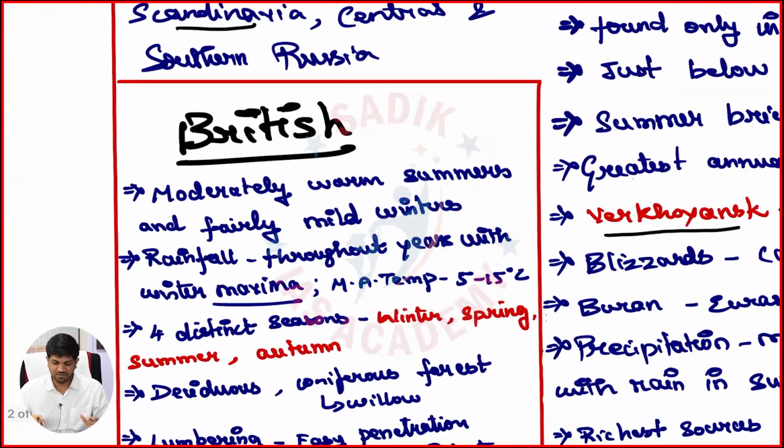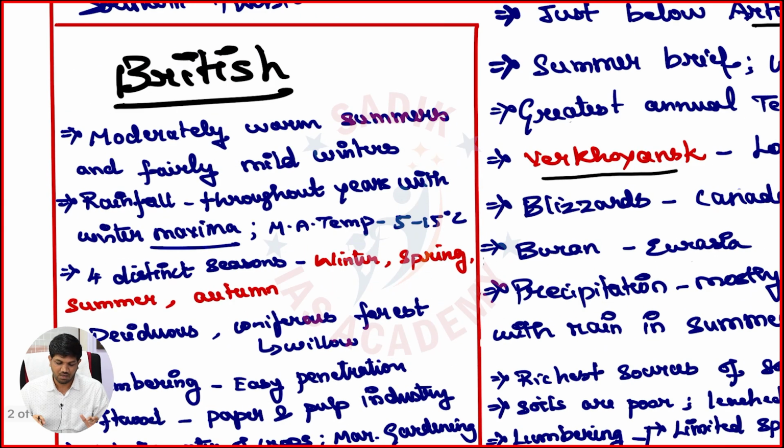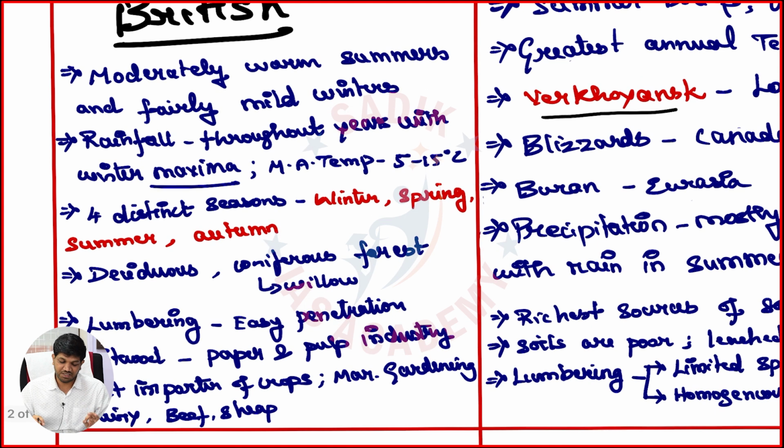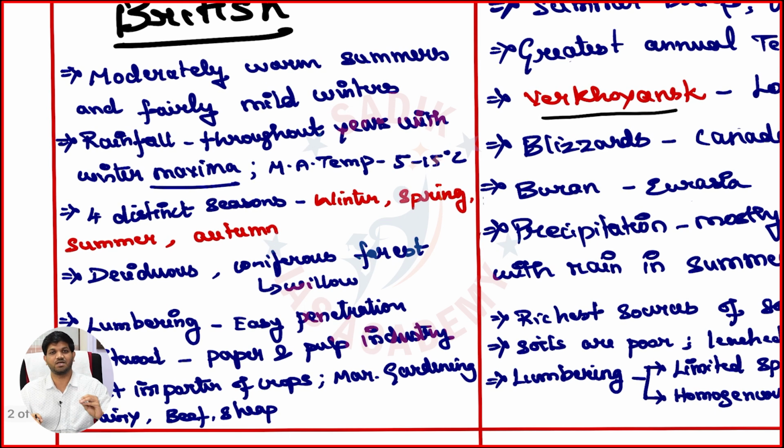And left of this comes the British climate. The British climate is a fair climate, moderately warm. Summers are moderately warm, and winters are mild. So throughout the year they will receive rain.